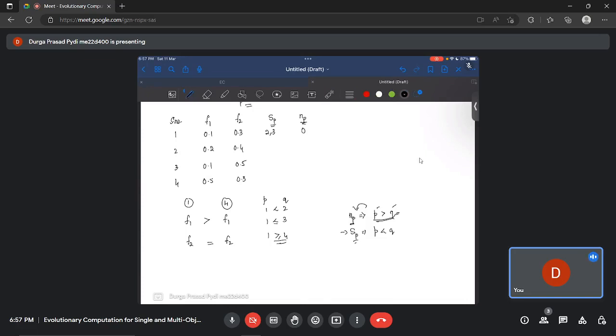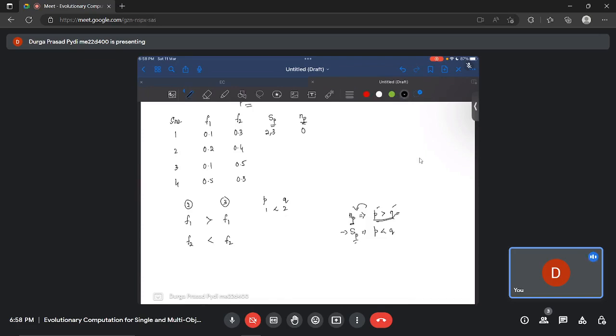Now you have to repeat it for other solutions. So now you want to compare 2 with 1, which you essentially don't have to do because you already know the relation between 1 and 2. So you do not do this comparison. You compare 2 and 3. If you compare 2 and 3, this is greater and this is less than this.